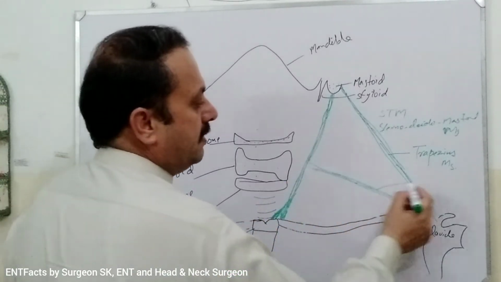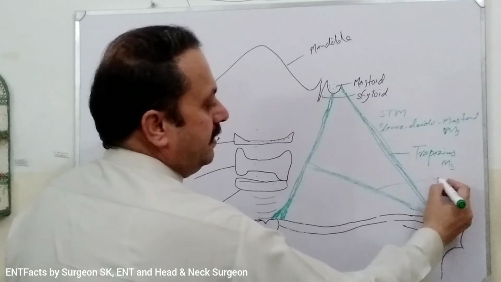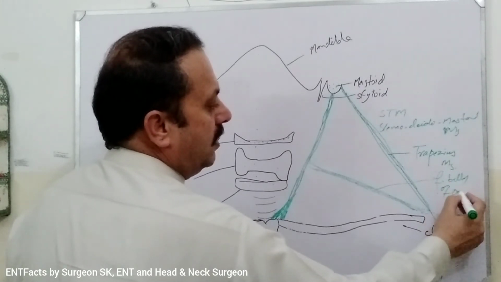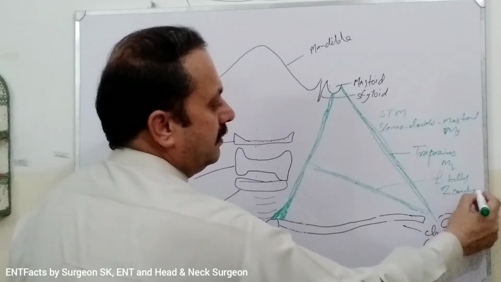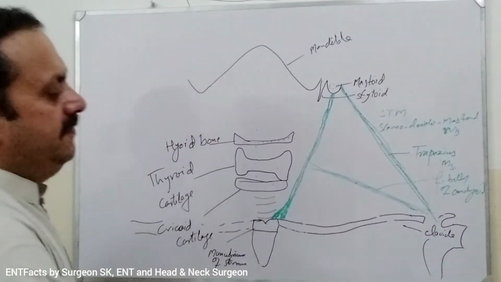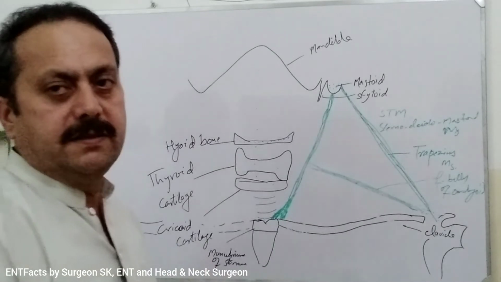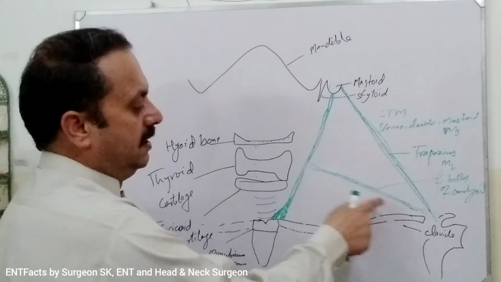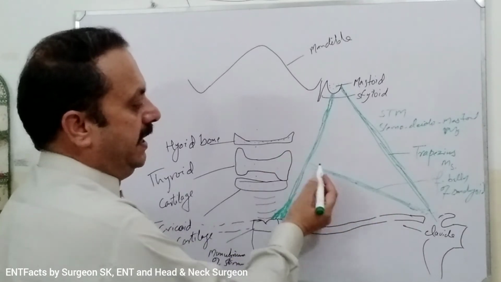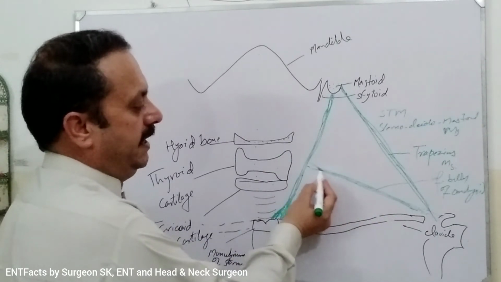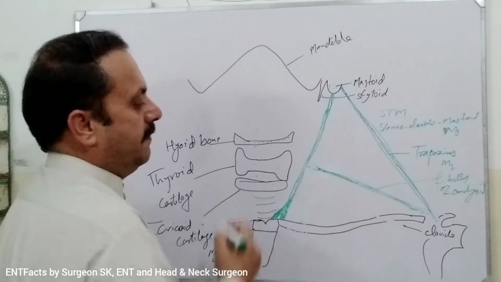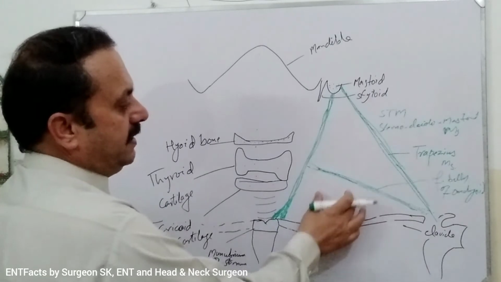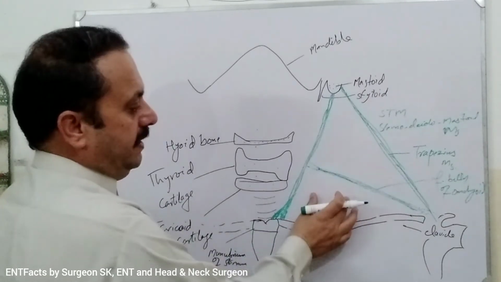This muscle is called inferior belly of omohyoid muscle, which arises from the scapula, goes medially and upward and inserts on the intermediate tendon here. This muscle, inferior belly, divides this posterior triangle into a superior part and an inferior part.